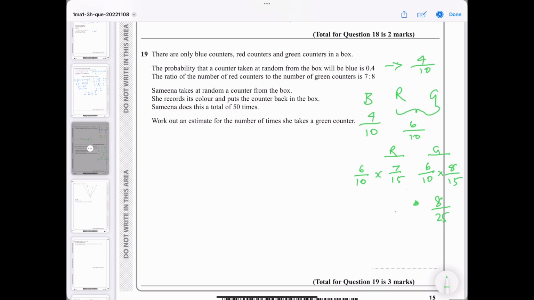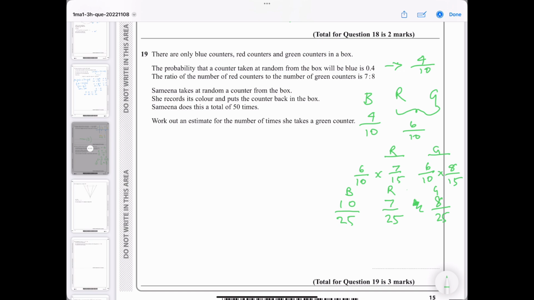And then red would be 7 over 25. So that means that's 15. That's G, that's R. That's 15 over 25, so blue would be 10 over 25, which makes sense because that's timesing it by 2.5.